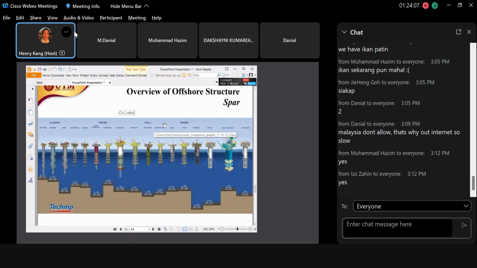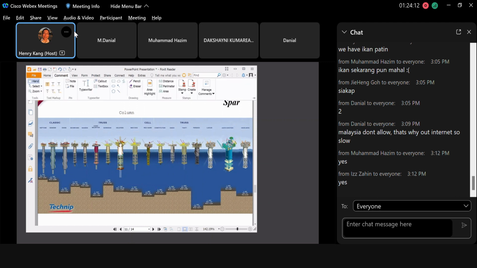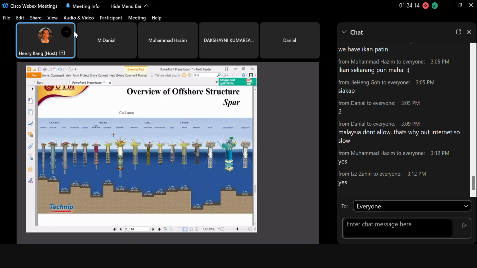Okay, a main column. And the part on top, this one, what is it? Anybody know? Top side. That means a major column to support a top side.